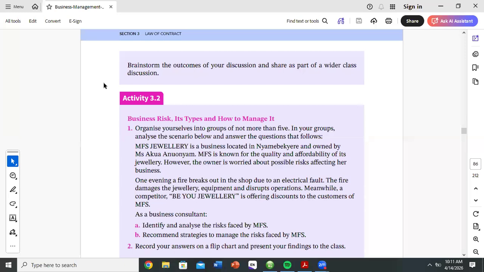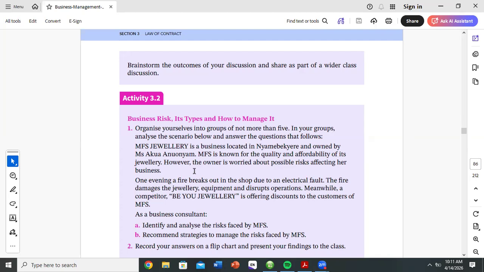Okay, I think that was. So it will be you listing some of the strategies to manage risk, and one of them will be insurance. So MFS can insure the shop, right? They can also put in risk mitigation measures.